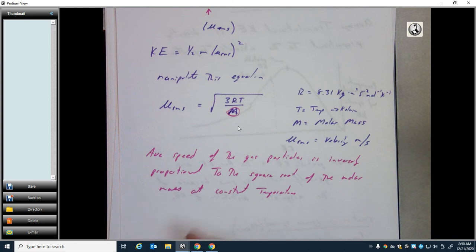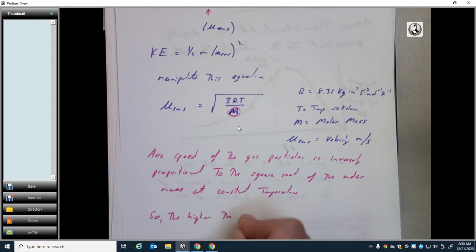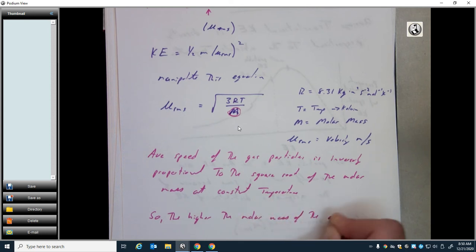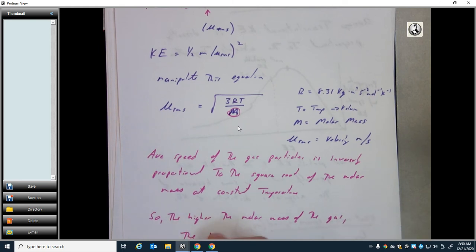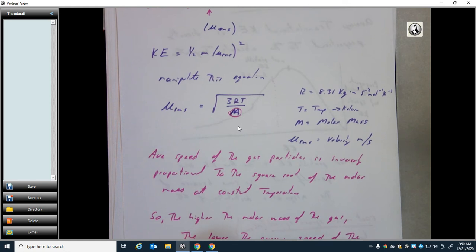So what is that, again, what is that saying? So the higher the molar mass of the gas, the lower the average speed of the particles at constant temperature.